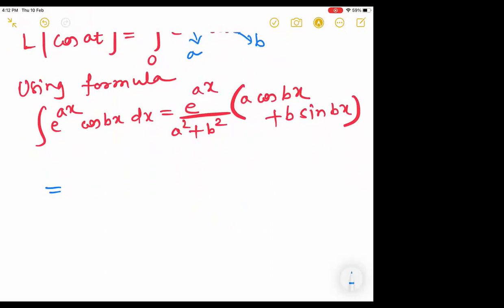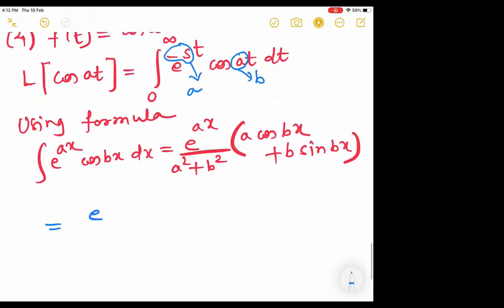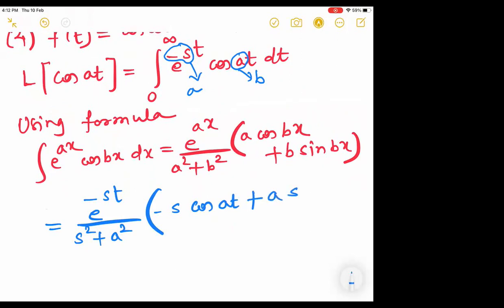So this will become e raised to minus st upon s square plus a square into bracket, a means minus s cos of at plus b means a into sine of at, and in the limits 0 to infinity for all.